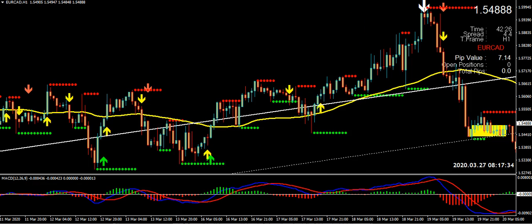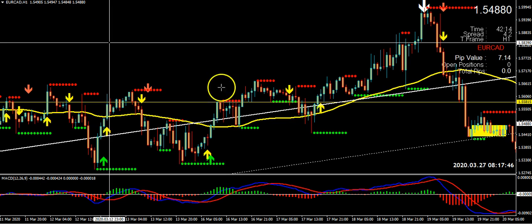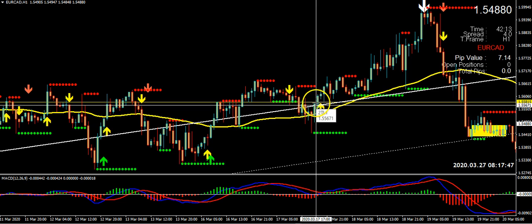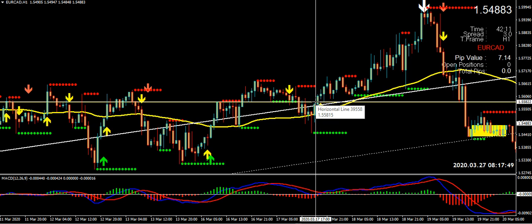Okay, so on a small account, let's do this. Let's say you would have gotten in the market right here. Okay, that's your entry. Now, we're doing 20 pips, and we're doing a one-to-one, which means you're going to do a 20 pip stop loss.